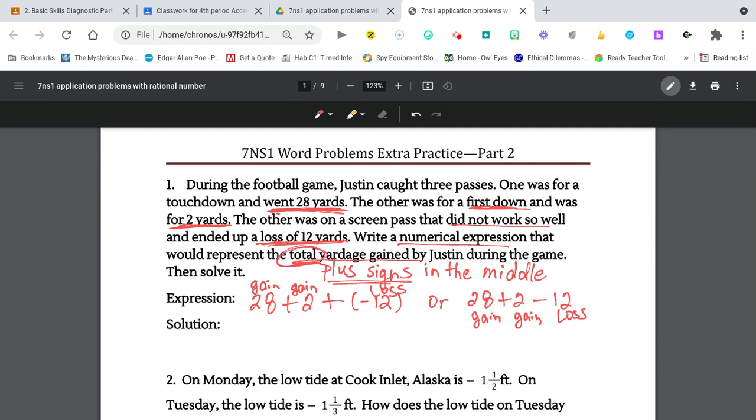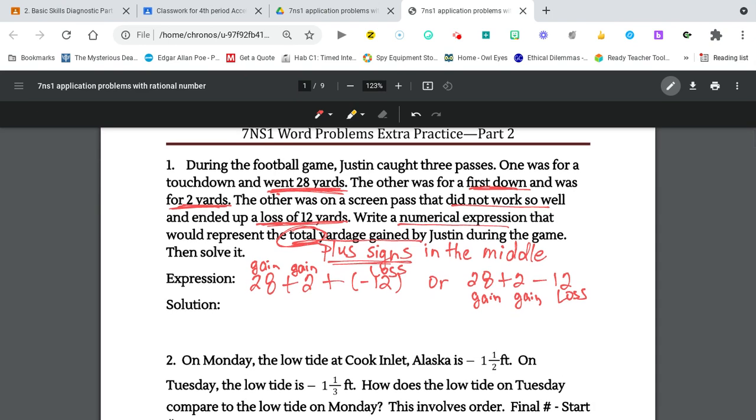But if you're ever confused, just use plus signs in the middle if it says total, and make sure you label the numbers as whether they're positive or negative. All right, so I have a gain of 28 and a gain of 2. So my solution would be 30 plus the loss of negative 12. This goes to the right. This goes to the left.